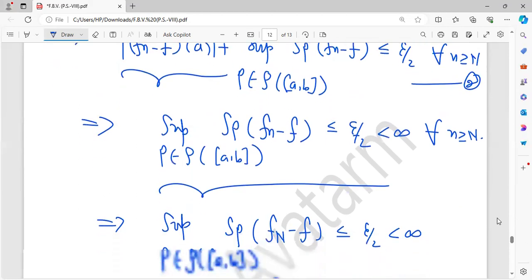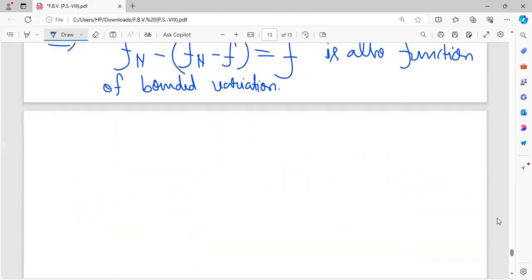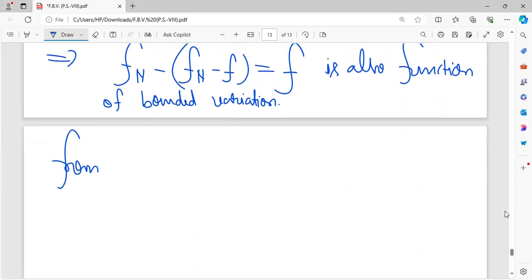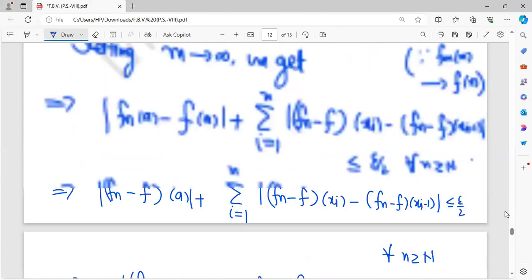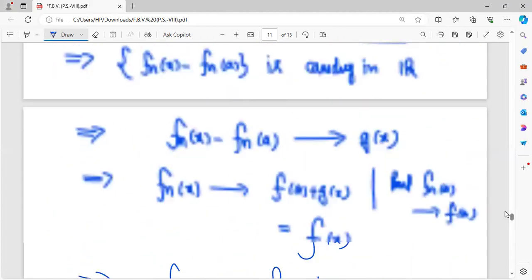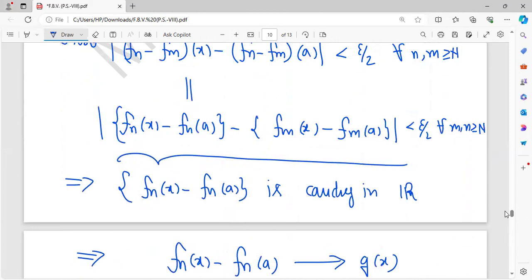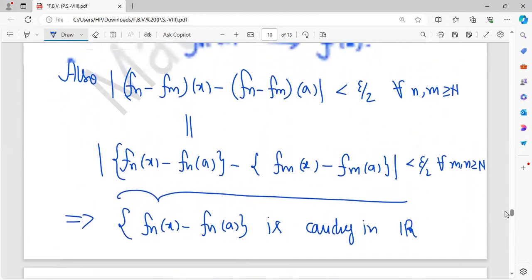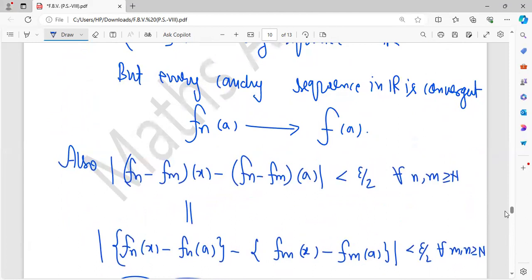Now from equation 2, what do we have? Sorry. We have already taken equations 1 and 2, so let's change it. Let's check it.